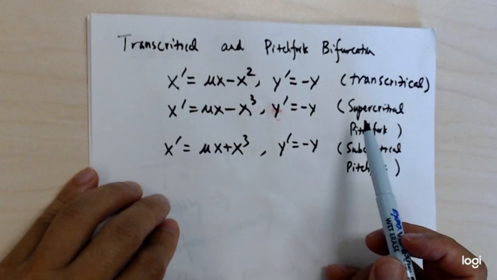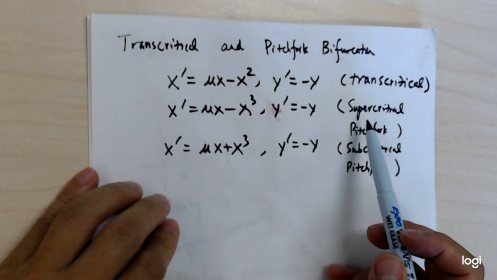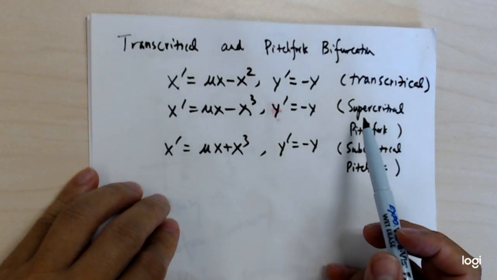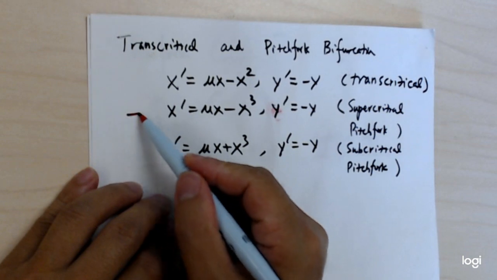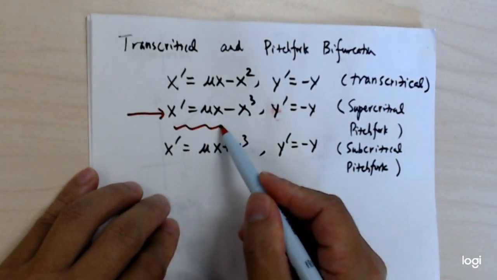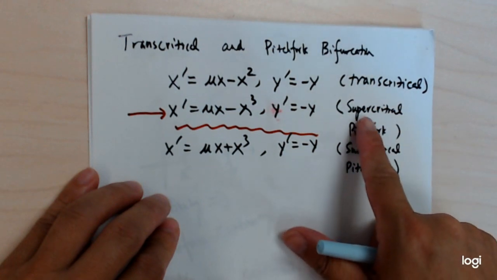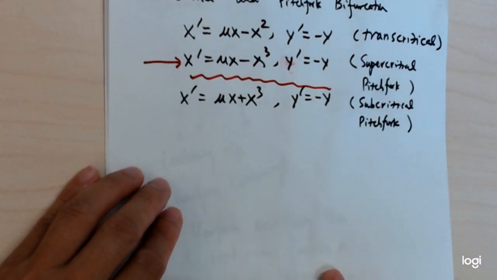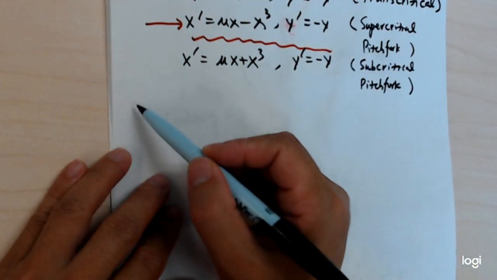Supercritical refers to two additional stable equilibriums being created. So we won't be able to do all three. I will illustrate this. I will explain why this two-dimensional system undergoes a supercritical pitchfork. And the way we're going to do this, once again, is plot the phase portrait.